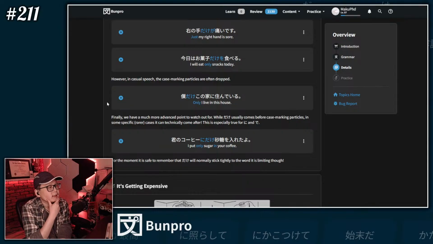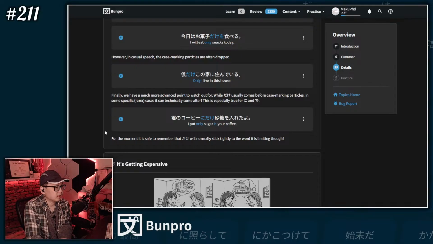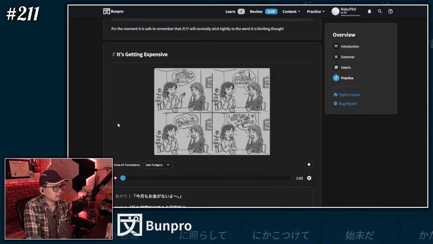Destination. Huh. 君のコーヒーにだけ砂糖を入れたよ。For the moment, it is safe to remember that dake will normally stick tightly to the word. It is limiting, though. Fair enough. It's getting expensive.